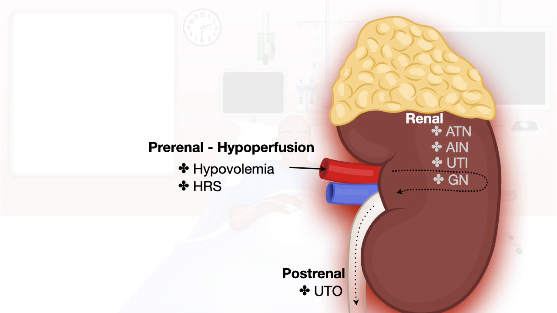In a male, it could be prostate hypertrophy, or it could be stones, or it could be cancer blocking the ureters. So these are all the mechanisms for acute kidney injury that are seen in any patient, irrespective of whether they have cirrhosis or ascites, but the same mechanisms apply in patients with cirrhosis and ascites.